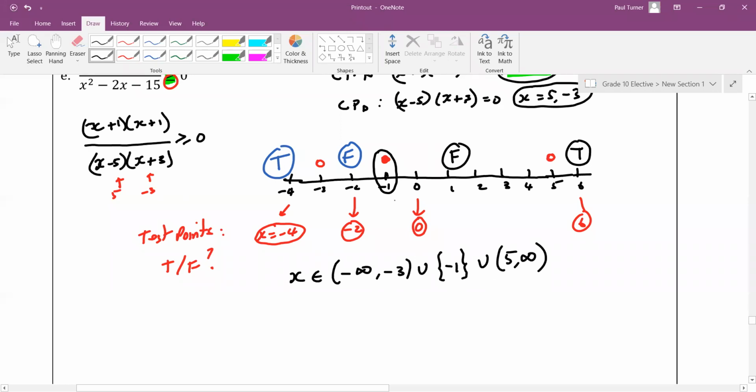So when you have a single element in your set, you can write it with a curly bracket. It looks a little bit different than the other ones. But if you use a square bracket, that would be all right as well. Okay, so that would be your solution for that one.